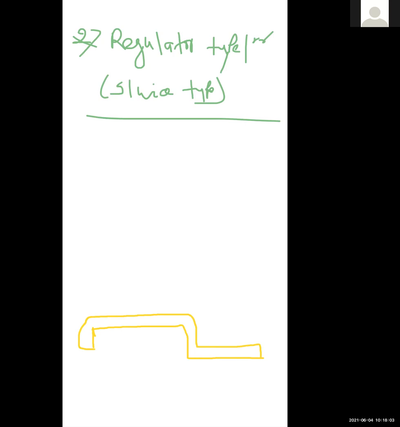Here is the bed of the canal. This portion is the canal bed level, and at the same level the sill is provided. This is the sill. And the gate is also available for flow control. The gate is provided here in red color.